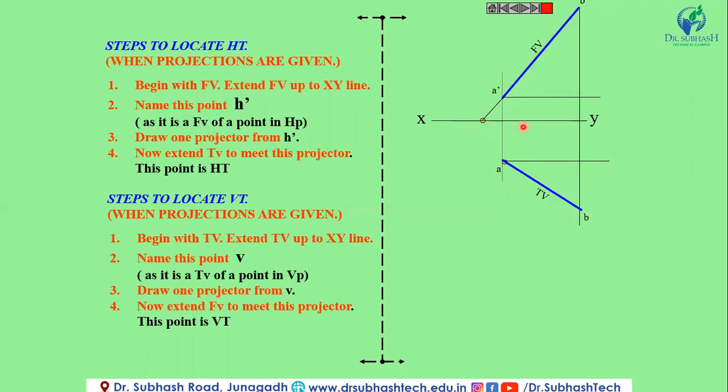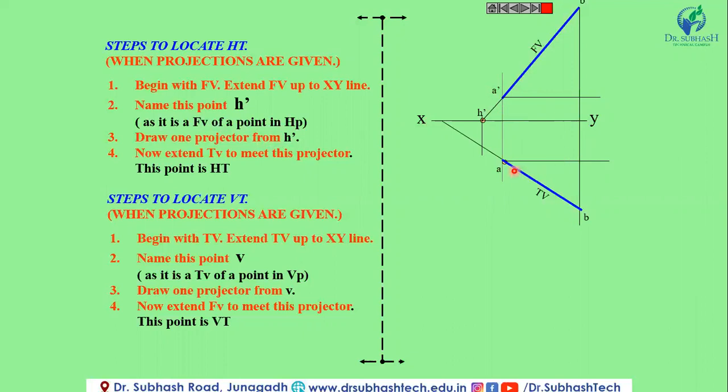The intersection with the XY line is called H dash. This H dash is the front view of a point in HP. Now from H dash, draw a projector perpendicular to XY.